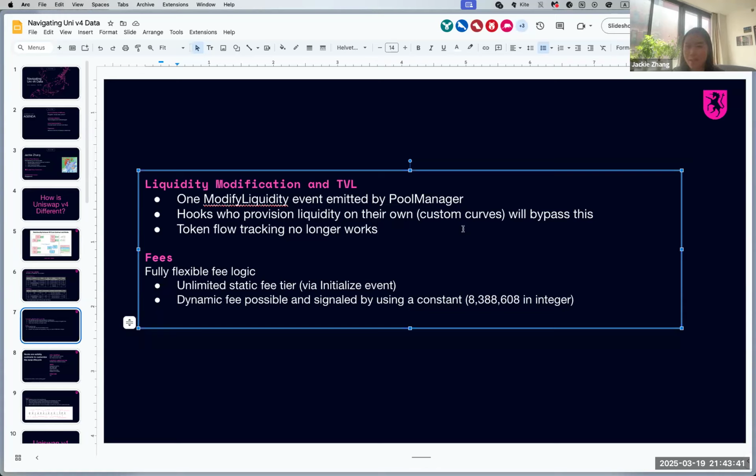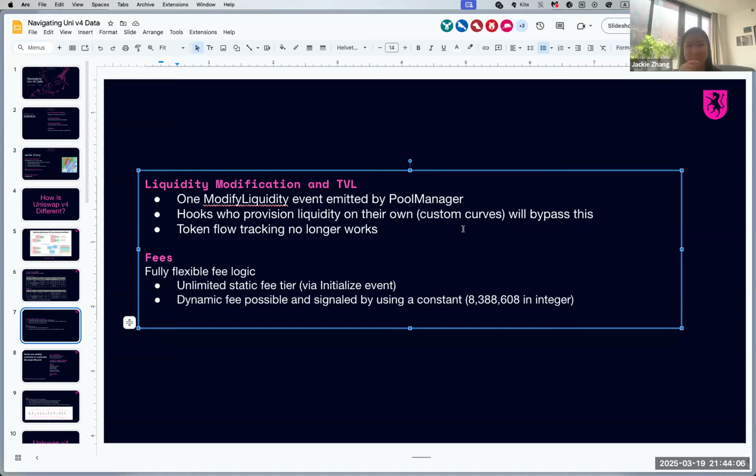With V4, that's not possible because the token flow all happens within one single contract. So you need events to help you track what is happening with a particular pool. That's why, if you need the per pool level TVL, you have to watch for the event being emitted by the pool manager. So that's something to know.